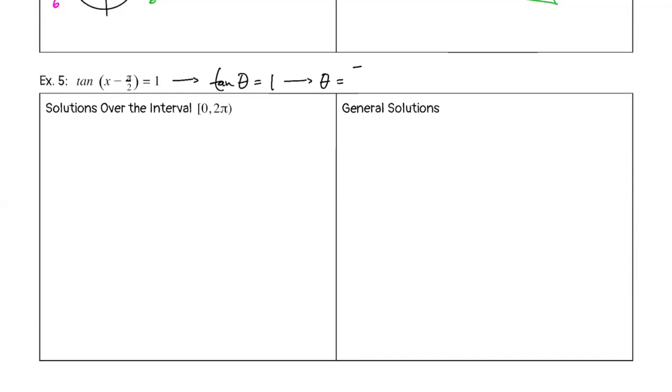Exactly, at pi over 4, because the y and the x value are the same, right? They're both root 2 over 2. And at 5 pi over 4, they're both root 2 over 2 but negative, okay? So pi over 4 and 5 pi over 4 are the angles where y over x equals 1, okay?